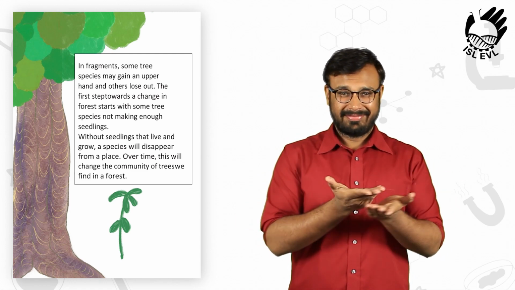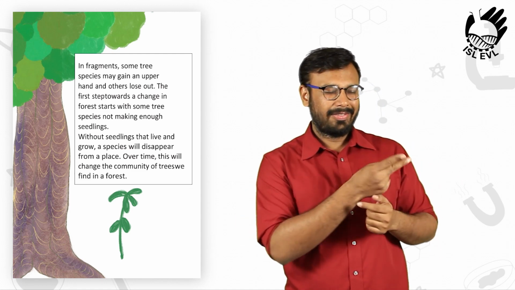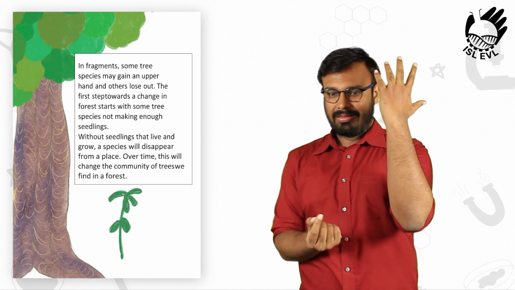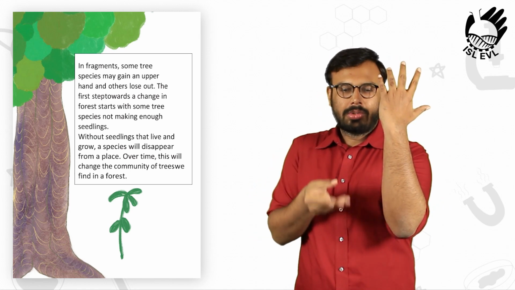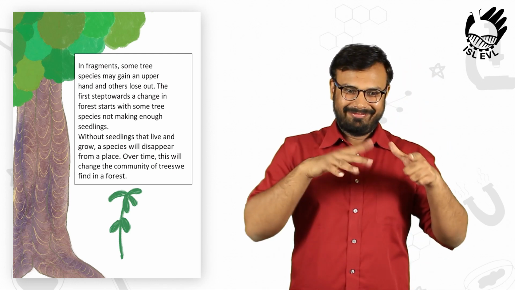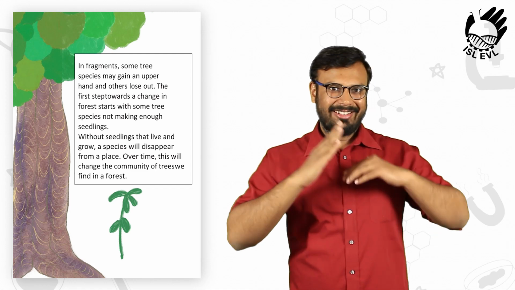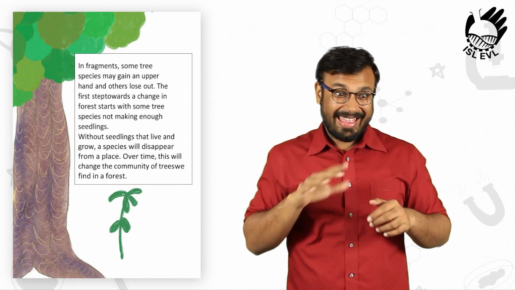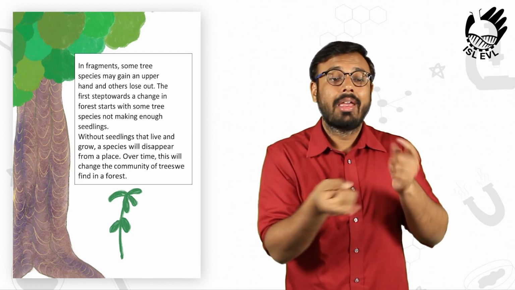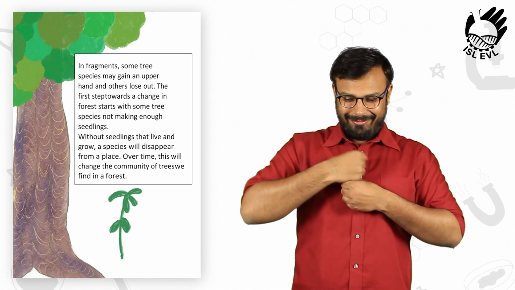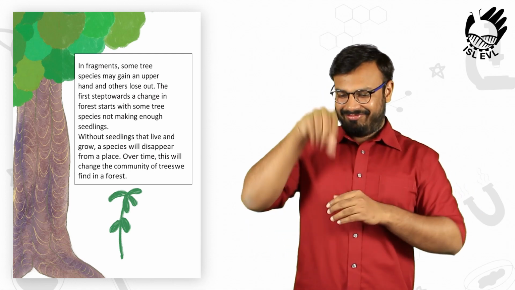In fragments, some tree species may gain an upper hand and others lose out. The first step towards a change in forests starts with some tree species not making enough seedlings.